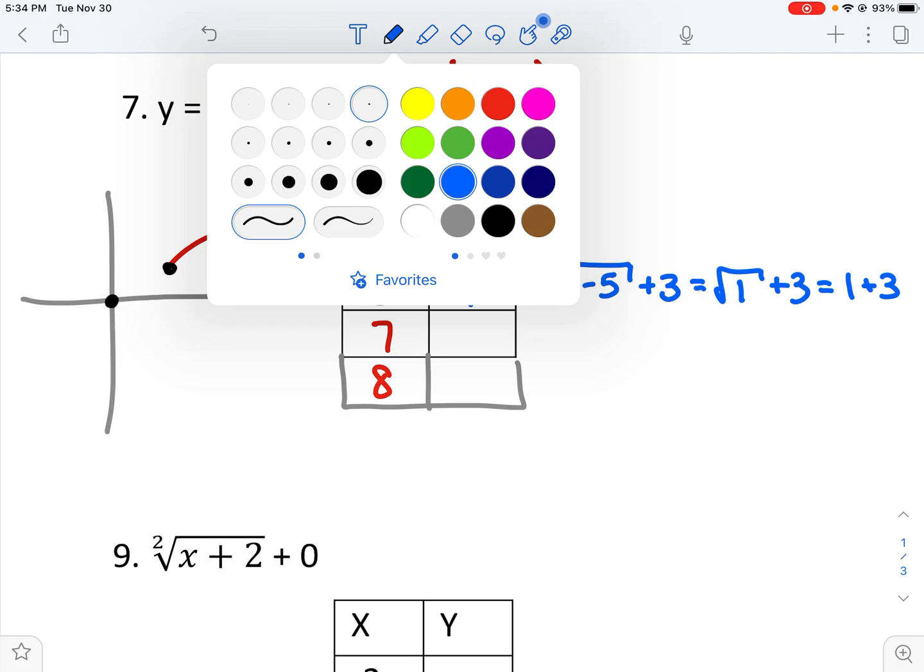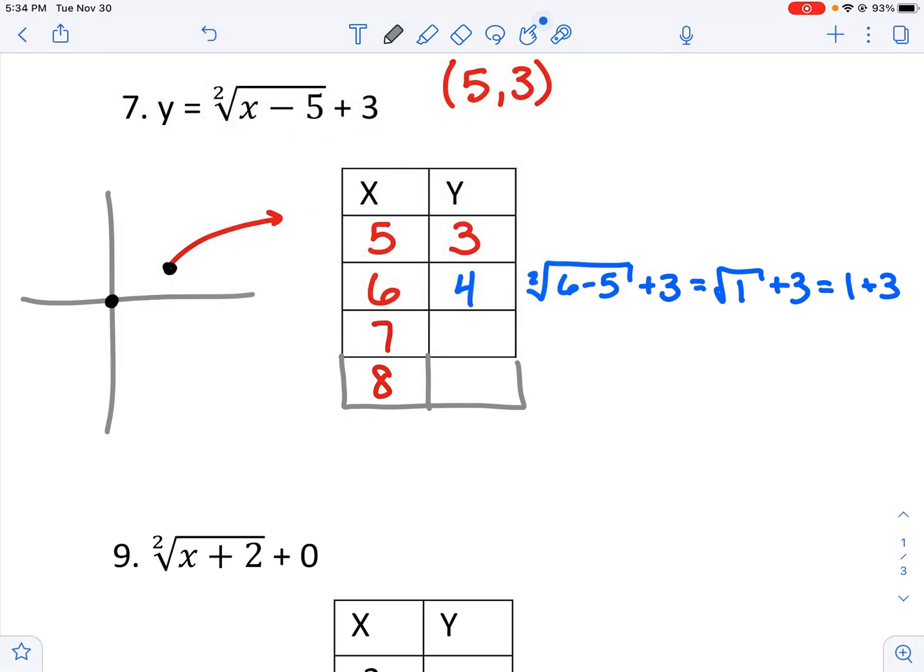And I'll do the same thing with my last two numbers. So the square root of 7 minus 5 plus 3 equals the square root of 2 plus 3.